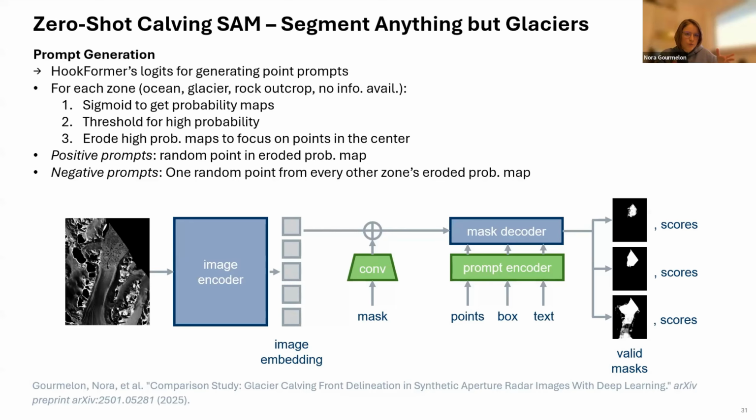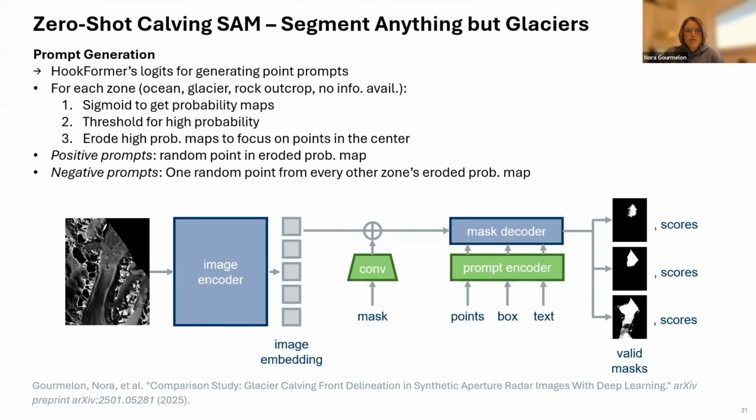With zero-shot, we don't retrain it anyhow, so we don't fine-tune. We just use it as is, and we feed in prompts. To generate these prompts, we take our best performing model, the HookFormer, take its outputs, and for each zone, so for ocean, glacier, rock outcrop, and no information available, we take the logits and compute the sigmoid over them to get probability maps.